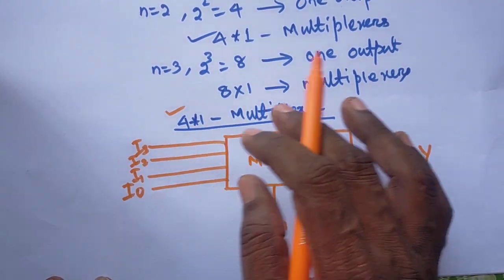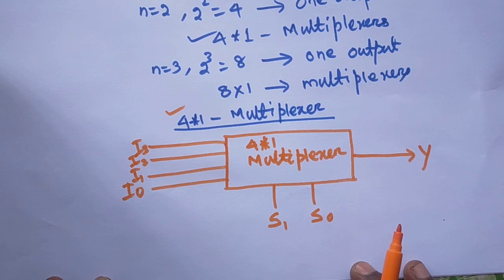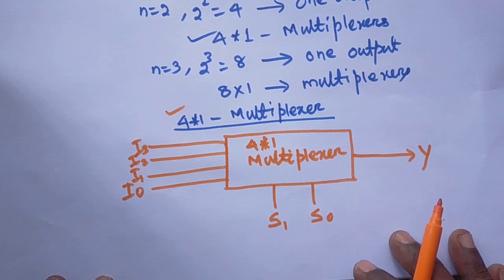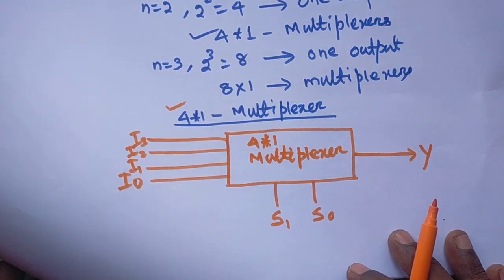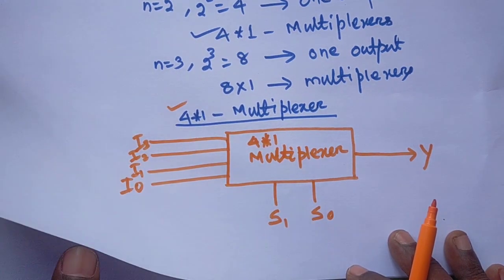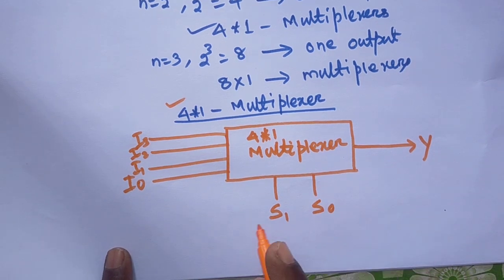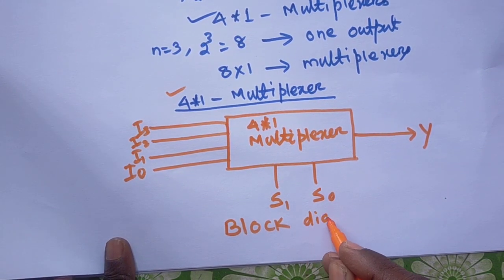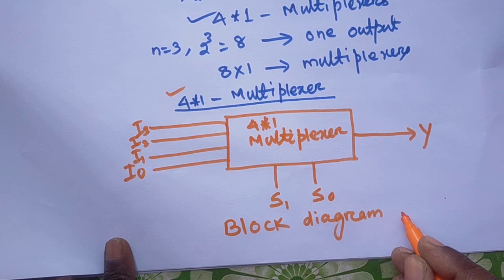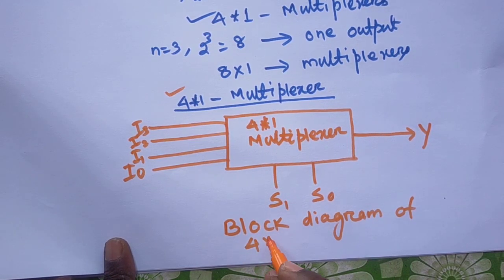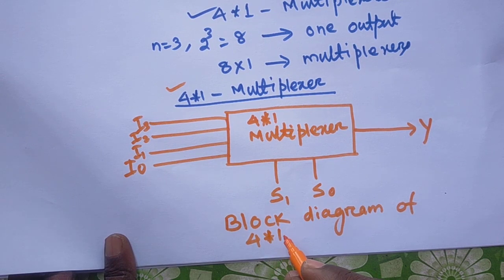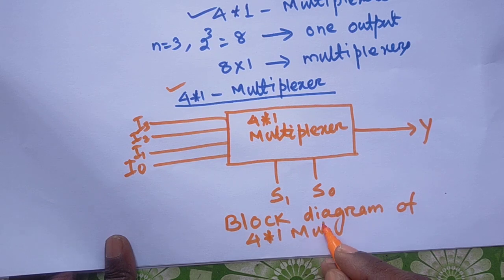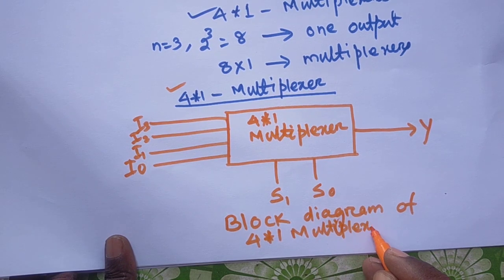We will consider this basic diagram. Now we see, whenever we go through this basic diagram, then what happens? Again, we can also define the truth table from this basic diagram. We can say this is the block diagram of a 4 into 1 multiplexer.